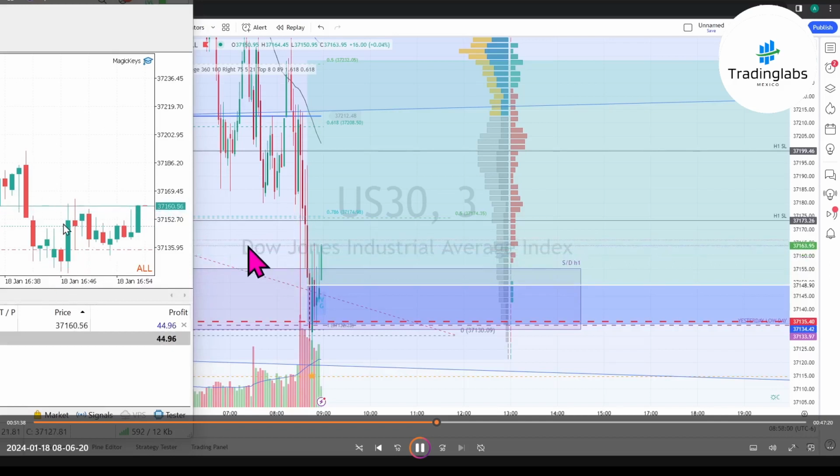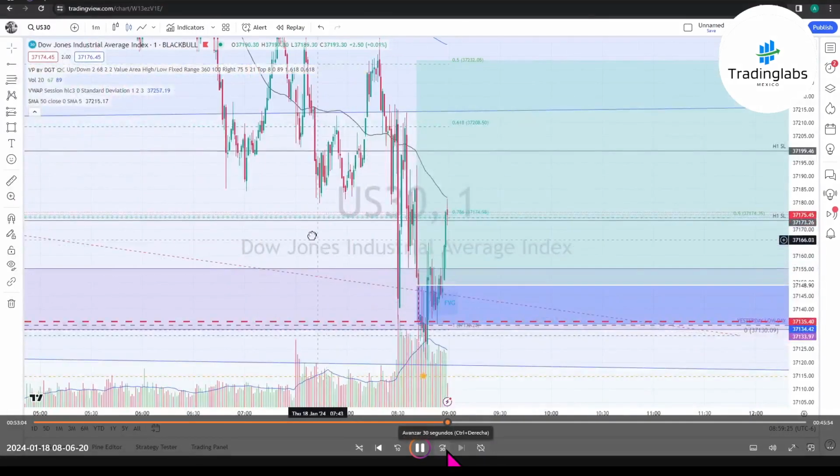Okay, I'm still risking stop loss, but less. So I'm going forward. Okay, we have momentum.